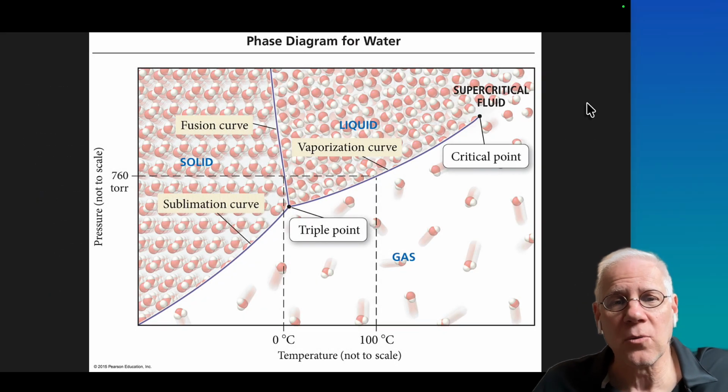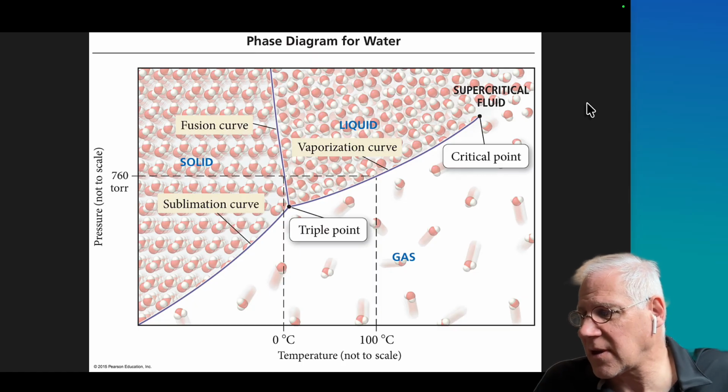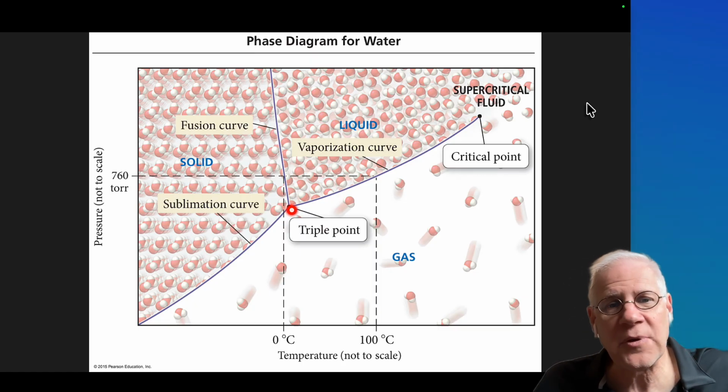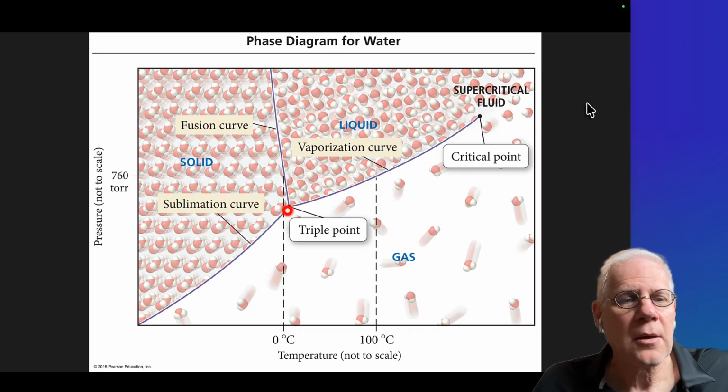And so we can go back and look at this idea here. If we take a food and bring it to its triple point right here, we can see we're below atmospheric pressure, but just a hair above the freezing point, and so we've got all three phases of water in equilibrium with itself.